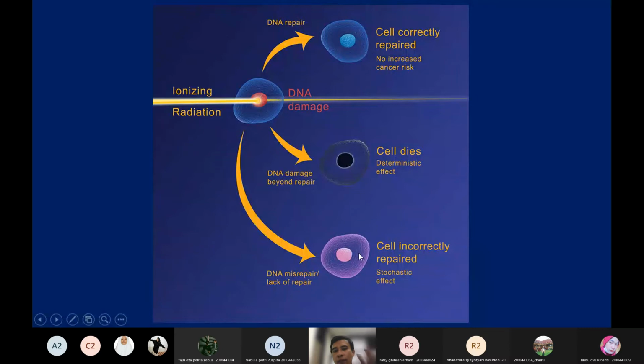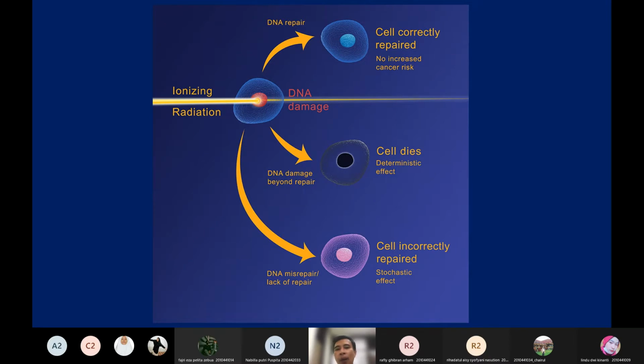So it tried to fix it, but unfortunately the repair is incomplete. Jadi perbaikannya itu salah, lack of repairing. And what will happen here? These cells will be incorrectly repaired, and then these cells will have a very great opportunity to be transformed into cancer cells or tumor cells.